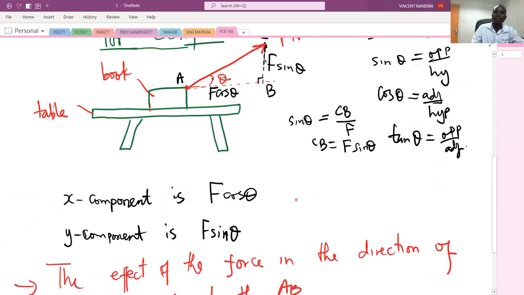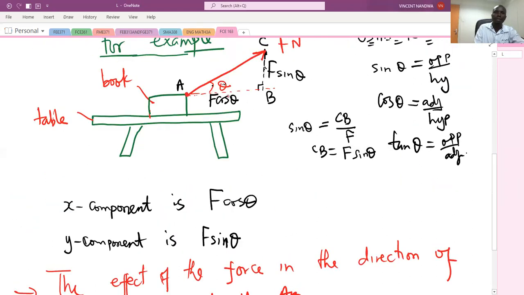So from this diagram, this is the length AB. Because the force is acting at an angle, but it's going to the right, the effect is felt along the length AB.